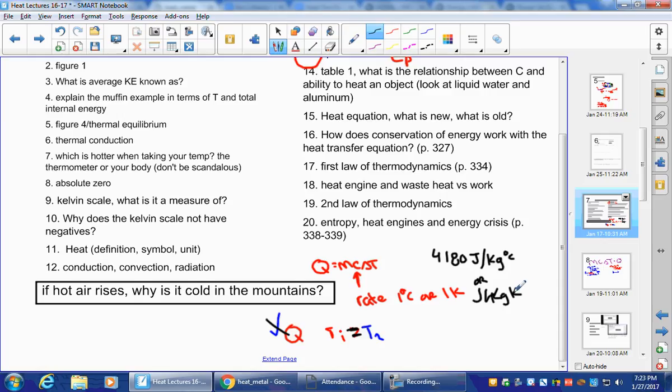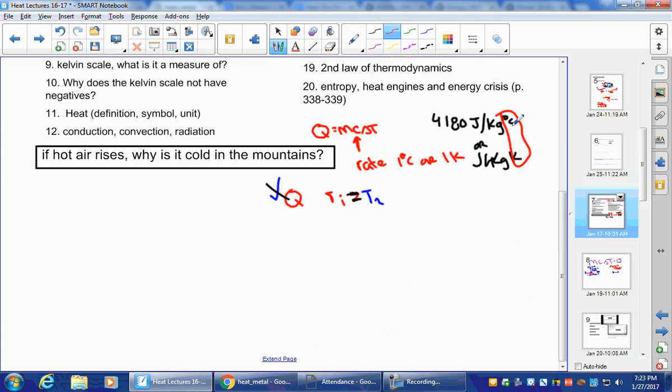There's no such thing as a degree Kelvin, it's just a Kelvin. And the reason why, just so you know, the number is the exact same whether it's Celsius or Kelvin, is because on relative scales, even though these are keeping track of different things, degrees Celsius is looking at the freezing and boiling points of water, right? So 0 is freezing, 100 is boiling. And the Kelvin scale is looking at literally the kinetic energy of the particles.